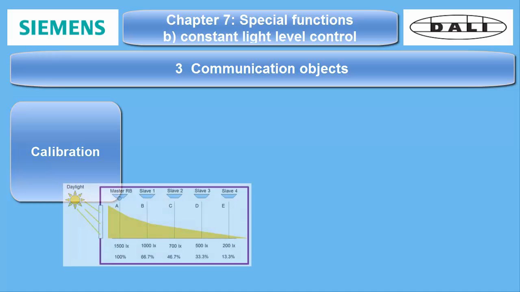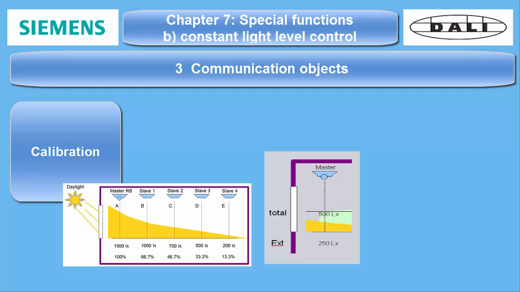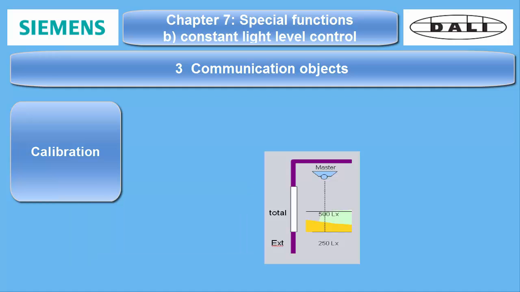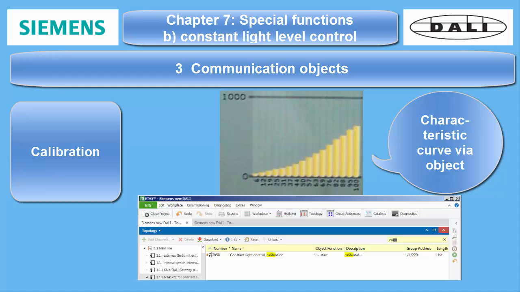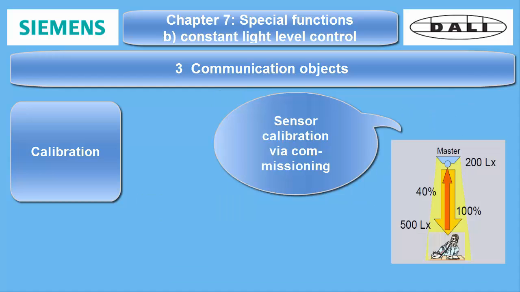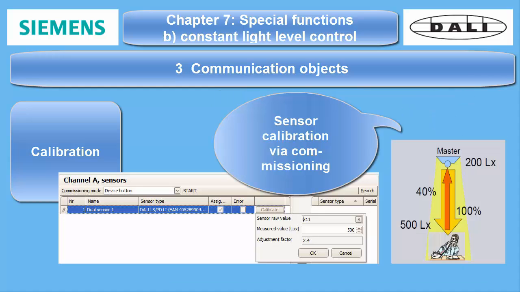See also next part. There are 2 calibration steps which have to be performed in the commissioning phase. One is the characteristic curve recording, which has an object to trigger it. The sensor calibration, however, does not use an object, but must be done in the sensor parameter dialog.